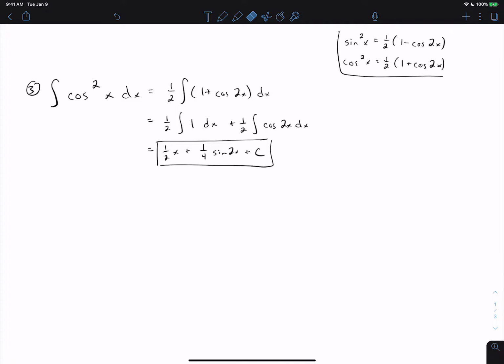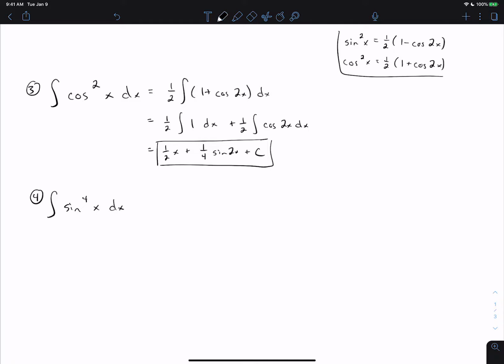Okay, let's look at another example. So we'll do the integral of cosine to the 4th. I'm sorry, let's do sine to the 4th x dx. Again, this is powers of sine and cosine, but both powers are even because sine is to the 4th, cosine is to the 0. So we're going to use half-angle identities.